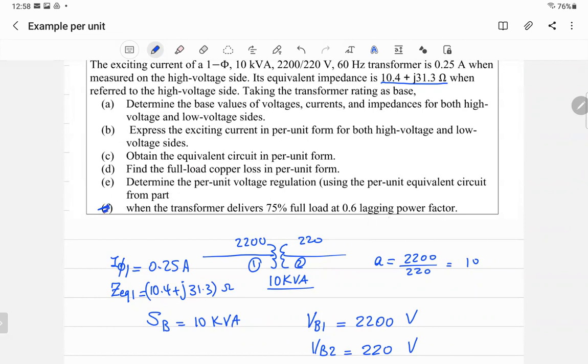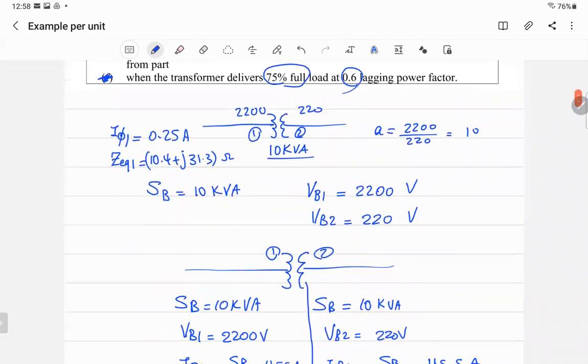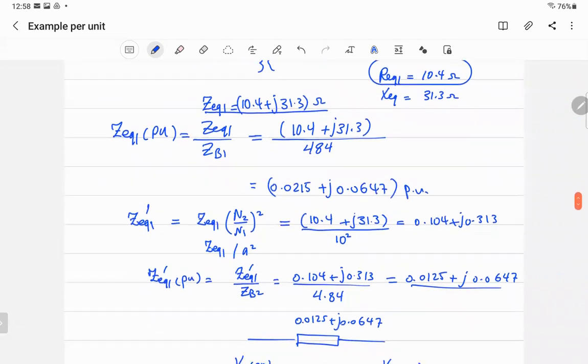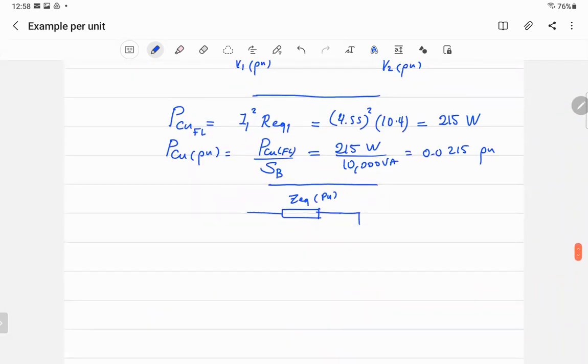When the transformer delivers 75% of full load at 0.6 power factor, that will help you to get the current. So let's just see here the load. That's the load, and that's the source.